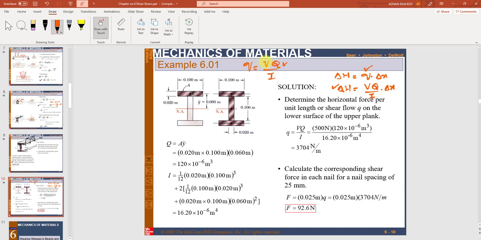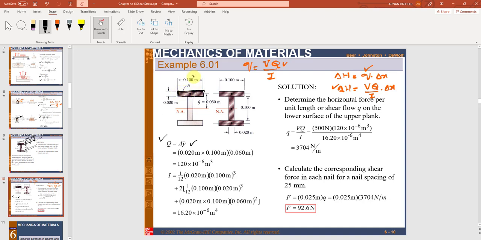We have the shear force value, but we do not have Q and we do not have I. So for that we will first calculate Q. As we know, Q is the first moment of area, and it is represented as Q equal to A into Y dash. Now what is A? A is the area which is above the horizontal shear force. So at this joint there was a horizontal shear force, and the area above that is actually the A area. Clear?